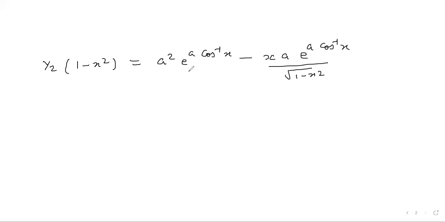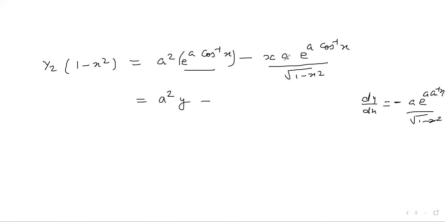Now, if you observe carefully, this is the question itself, that is y. So we write a square y, and here dy by dx we have got as minus a e to the power a cos inverse x divided by root of 1 minus x square, and that is present here. So in place of that, we can write y1 or dy by dx.